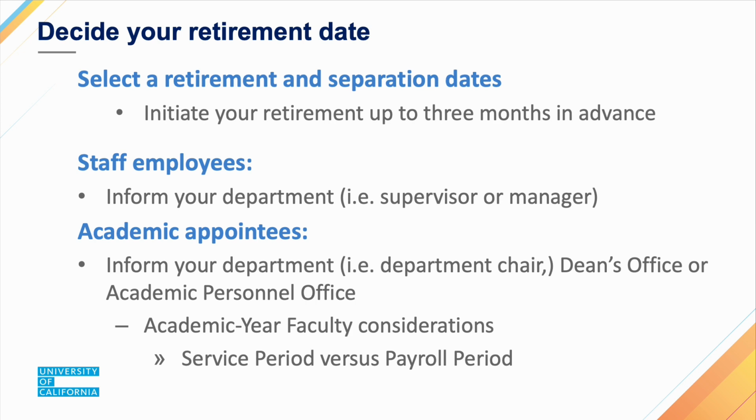When an academic year faculty member says they want to retire at the end of fall quarter, even though the service period goes through December and they might be thinking it would be a January 1 retirement, in reality, based off of the payroll period, an academic year fall quarter retirement would be November 1st, because the separation date for fall quarter payroll would be October 31st.